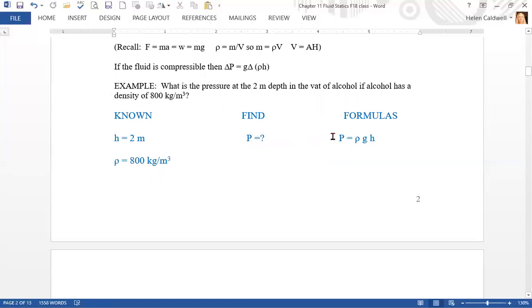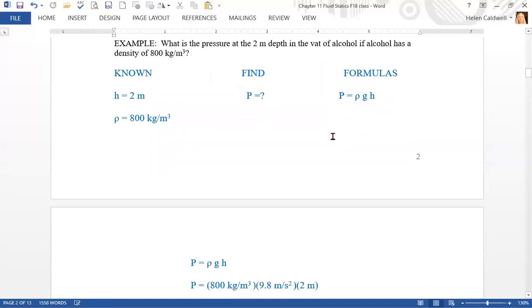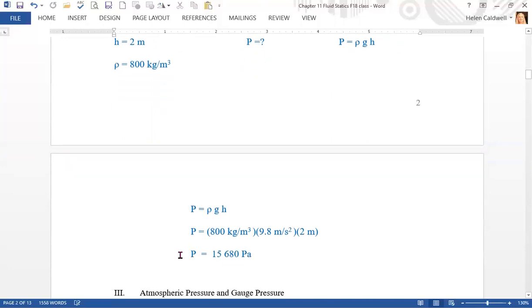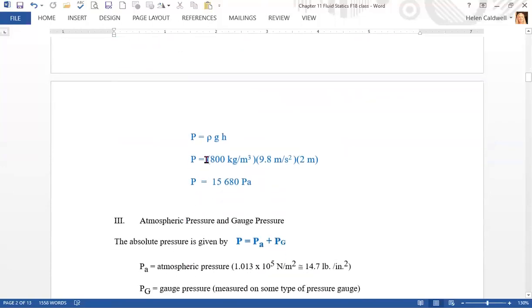That's the only formula we've got relating all of that. So we'll write down our formula, P equals rho g h, and plug in. Rho was 800 kilograms per cubic meter, g is 9.8 meters per second squared, and h is 2 meters. So 2 times 9.8 times 800 gives us 15,680 newtons per meter squared, or pascals. You can write it either way.